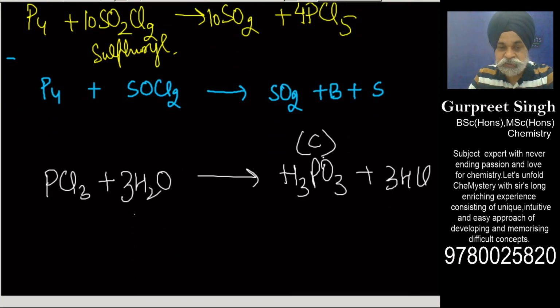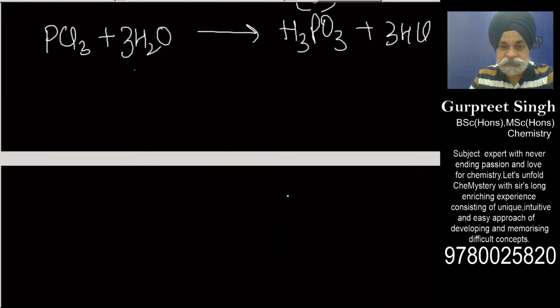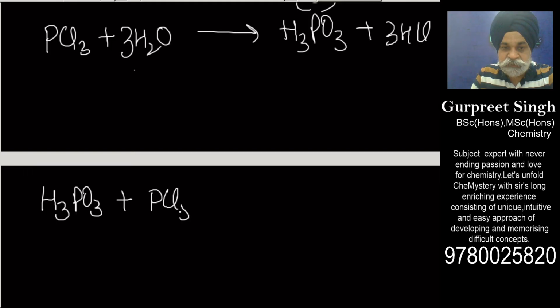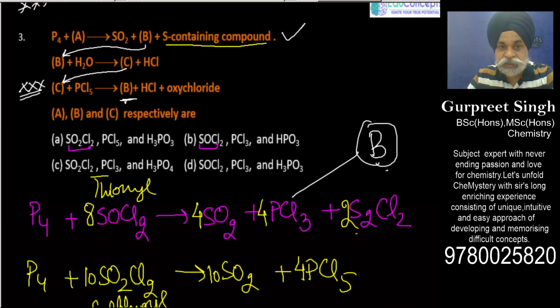Now the interesting question here is that C is then treated with PCl5 and heated. What is C? This is H3PO3 which is being treated with PCl5, and he is saying that you would get B back. What is B?